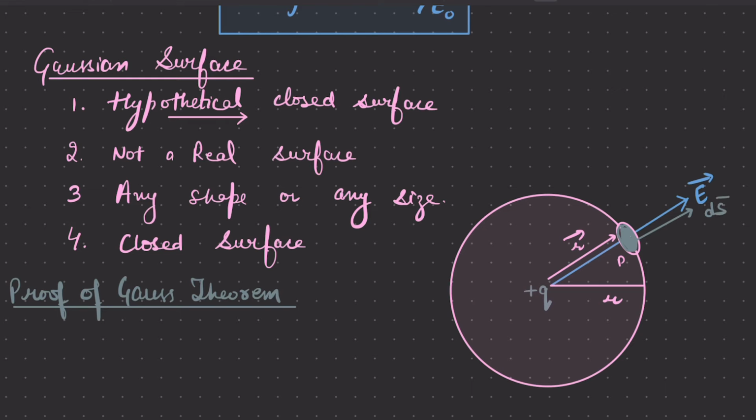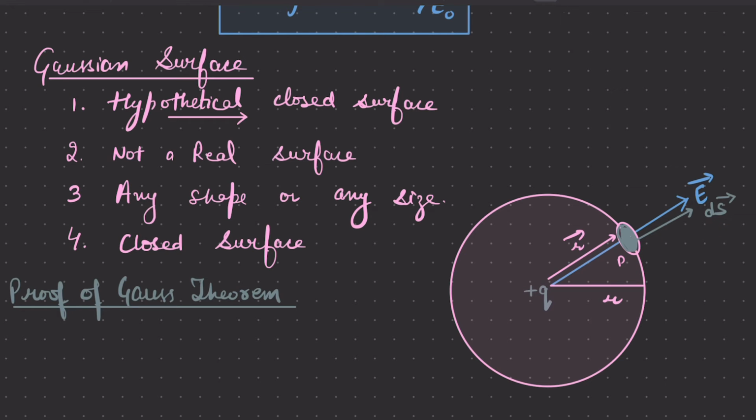I will mark it as ds vector because I have considered a very small area of the sphere of radius r. This is a Gaussian sphere, and over the Gaussian sphere I have considered a very small area ds, and for the ds area I have considered an area vector, ds vector. And what is an area vector? Any vector pointing away from the given area and leaving the surface normally is called an area vector.